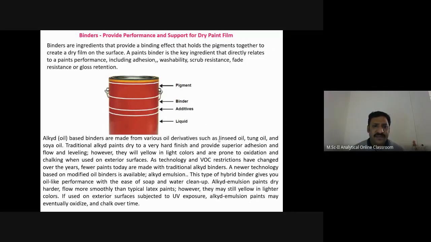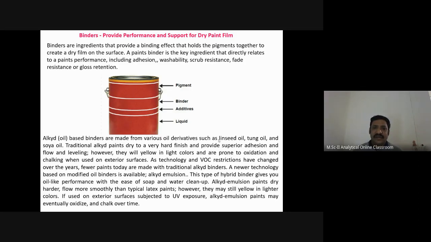Alkyd-based binders are made from various oil derivatives such as linseed oil, tung oil, and soya oil. So different binders are there. We have seen binder performance during the composition of paint. Traditional alkyd paints dry to a very hard finish and provide superior adhesion, flow, and leveling.